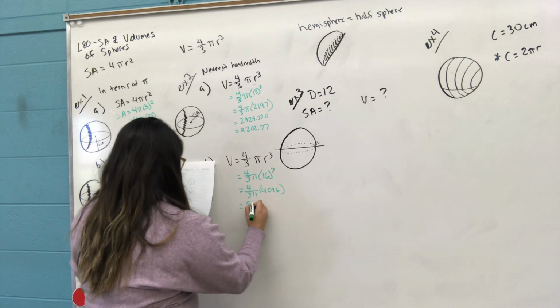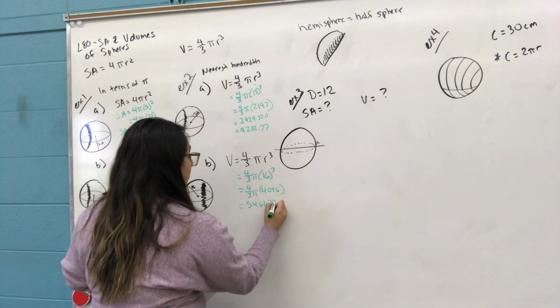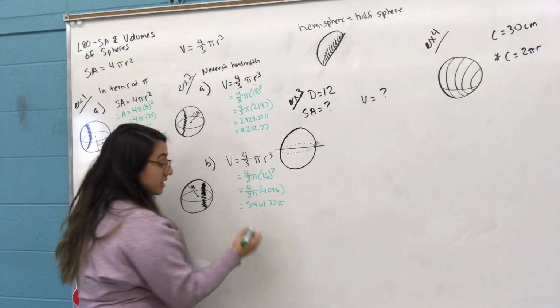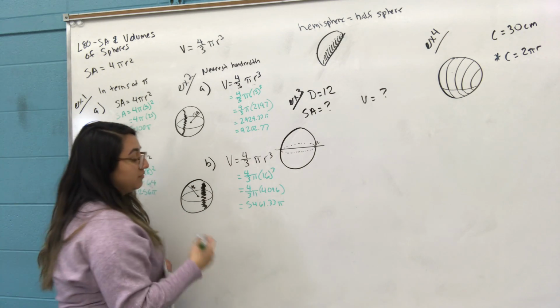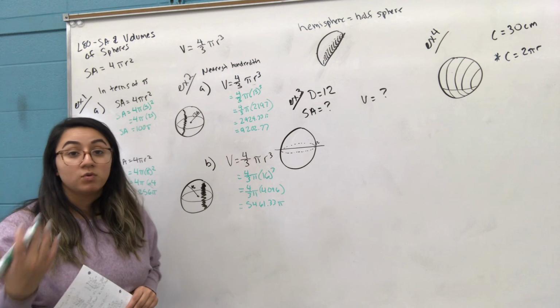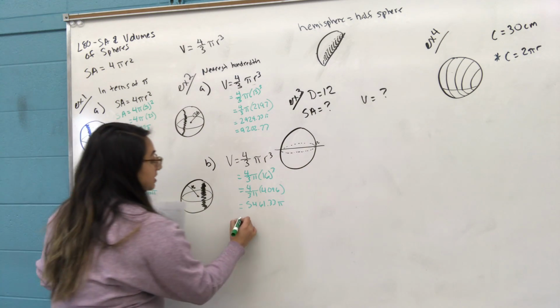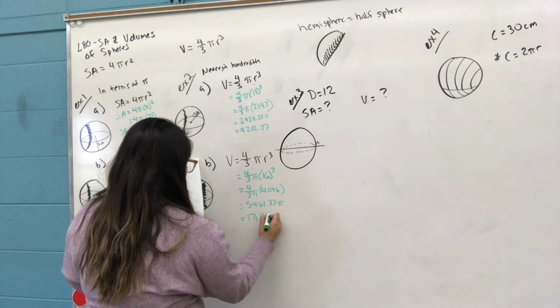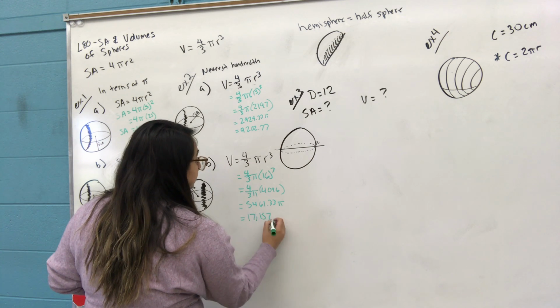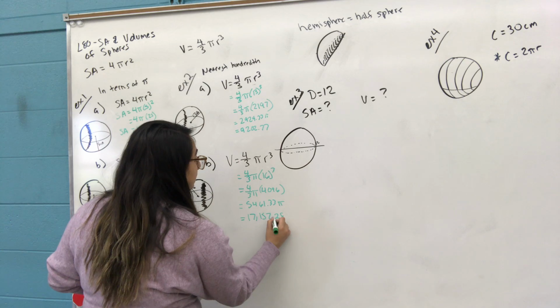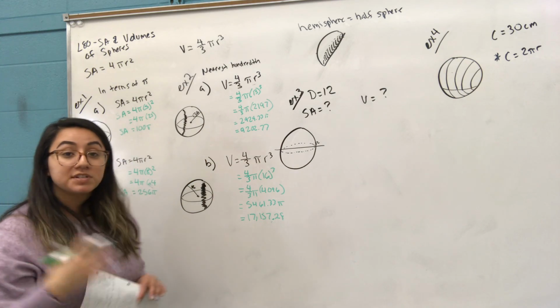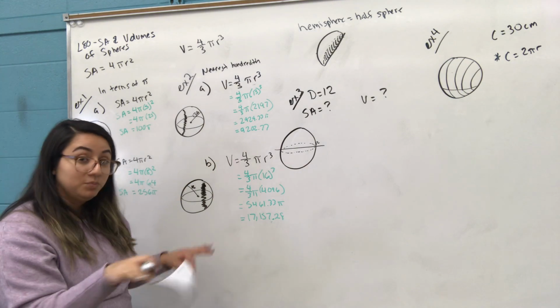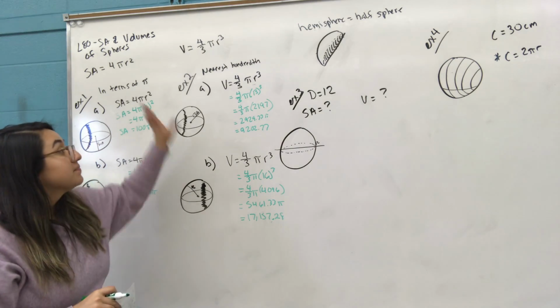I get 5,461.33 pi. Or this will give you 5,461 and 1/3, but just decimal is easier. And then multiply the pi out in the very end, you get 17,157.28. Don't put cubed. For volume, it's always cubic, so it's the arrow 3, but don't put it for any of these answers. So then, these are very simple.